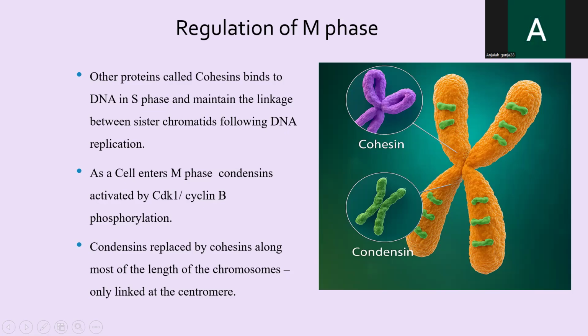When they enter the M phase, these cohesins are replaced by condensins. Cohesins bind to the DNA in S phase and maintain the linkage between sister chromatids following DNA replication.